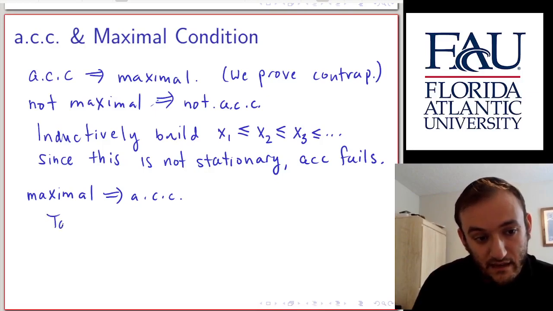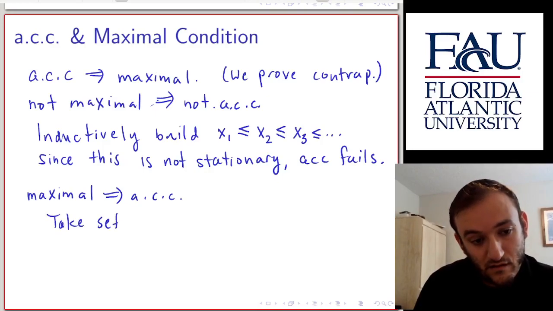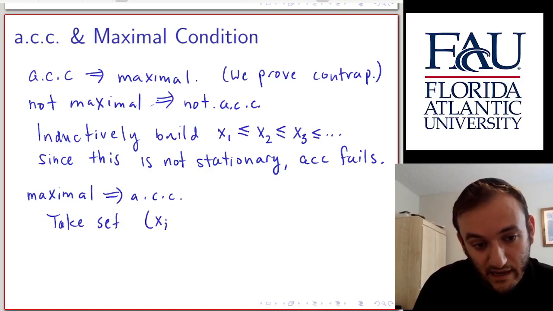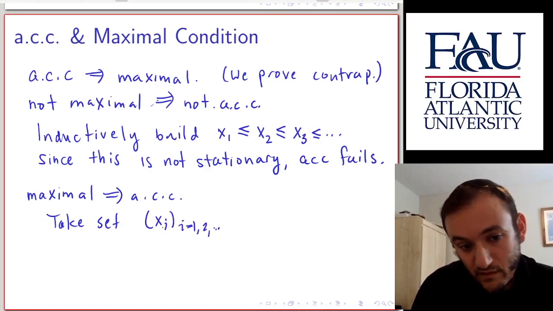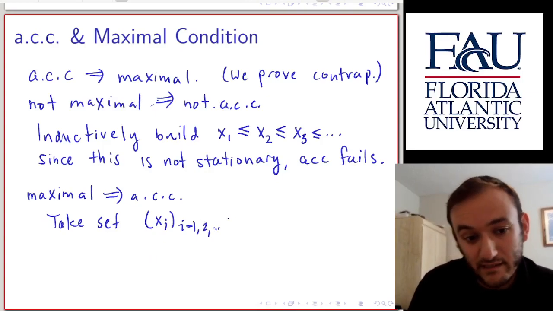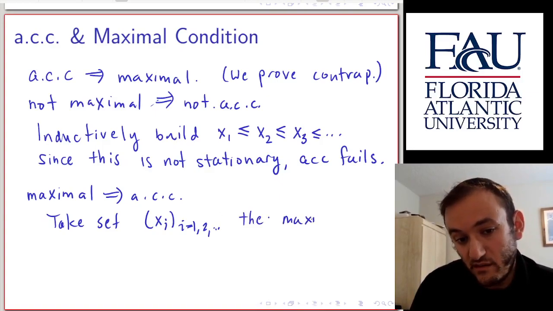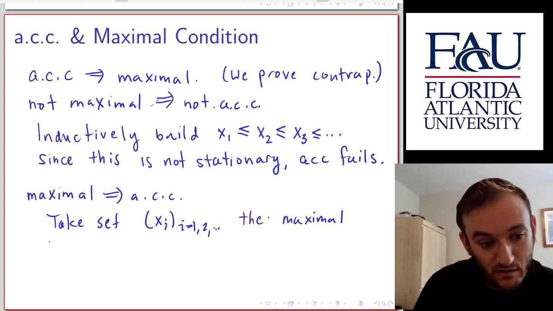So take the set of elements xi, i equals 1, 2, etc. This has to contain a maximal element. So the maximal element must be in the set, so it'll be xn.